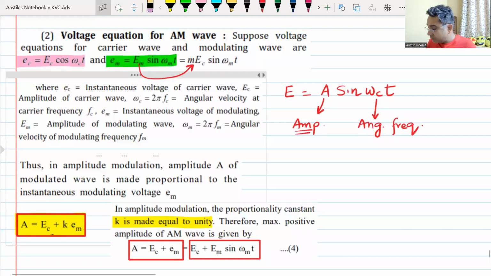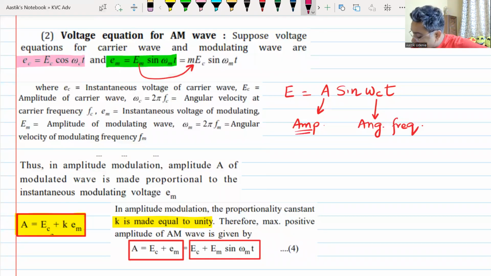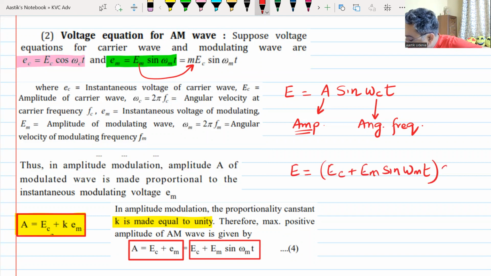So the AM wave can be written as EC plus EM, and remember how I am writing it: sine omega m t times sine omega c t. Do we see this?